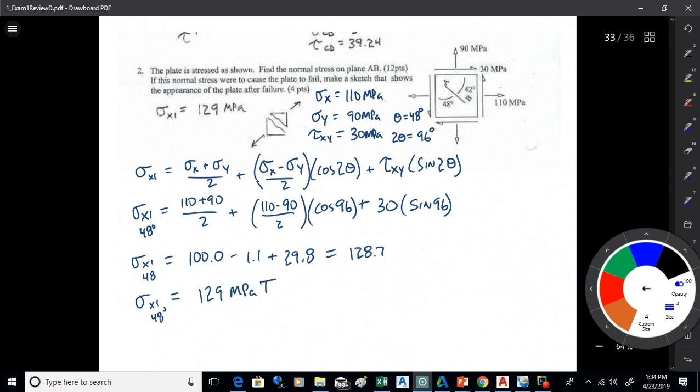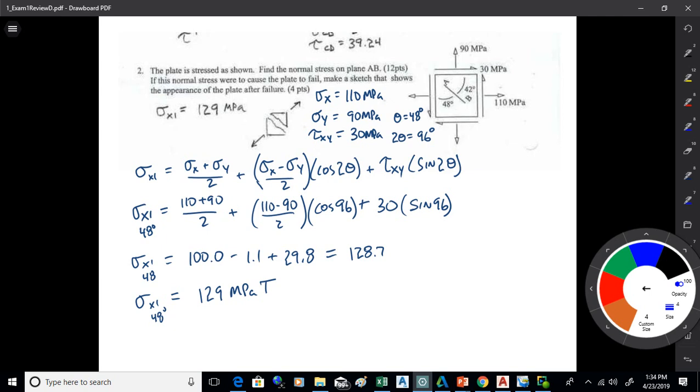All right, then we've got, find the normal stress on this plane. If this normal stress were to cause the plate to fail, make a sketch that shows the appearance of the plate after failure. All right, so to find the normal stress on that plane, you just plug 48 degrees into the formula.